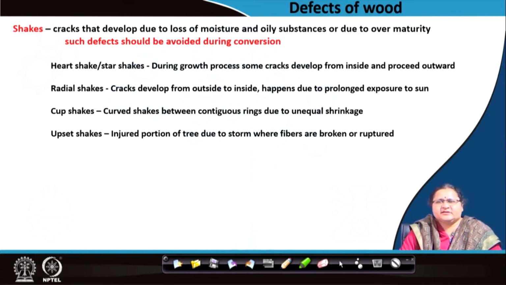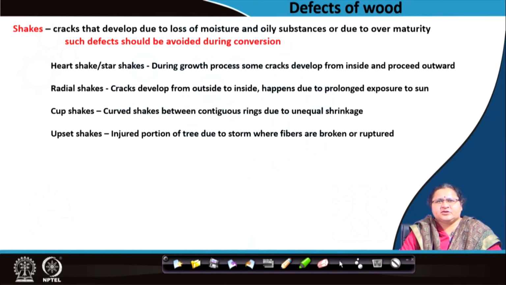First defect is shake. These are different kinds of cracks that develop due to loss of moisture and the oily substances which are naturally produced inside the timber, which get lost due to maturity or over maturity.